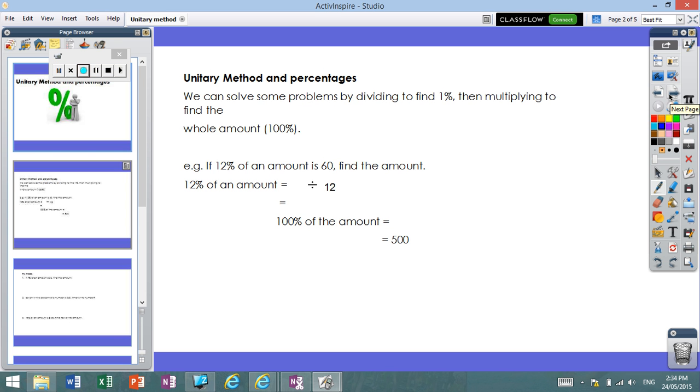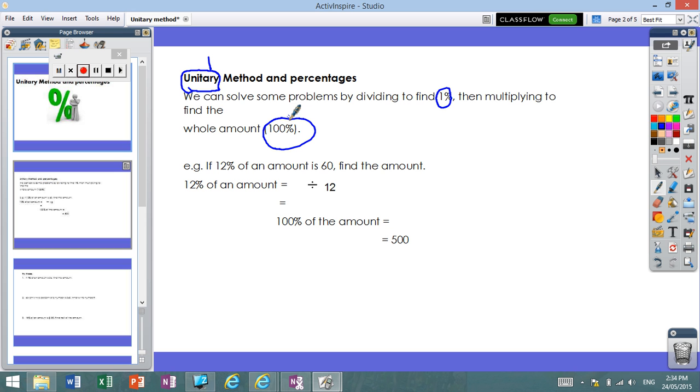So basically the unitary method and percentages allows us to solve some problems by dividing to find 1%, and that's where our unitary comes in. Unitary meaning 1. So we try to find 1% first as our first step. Then we multiply to find 100%.